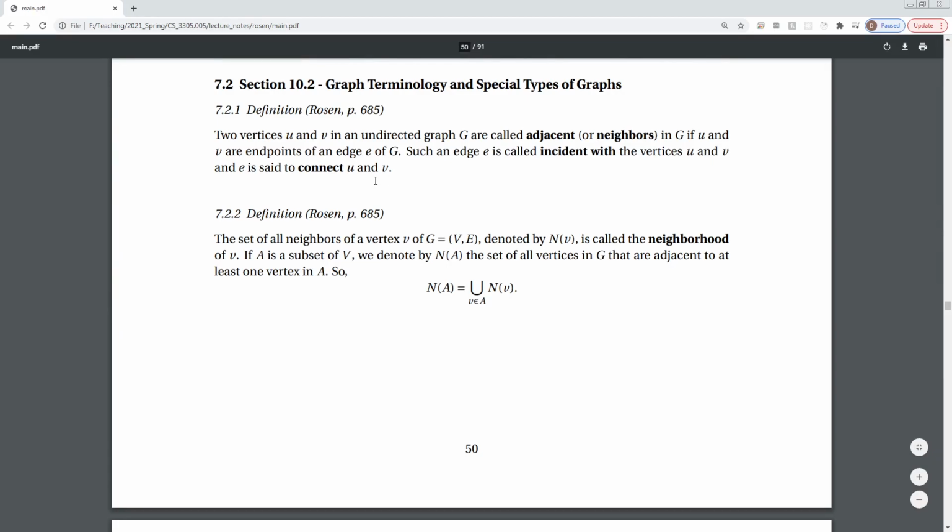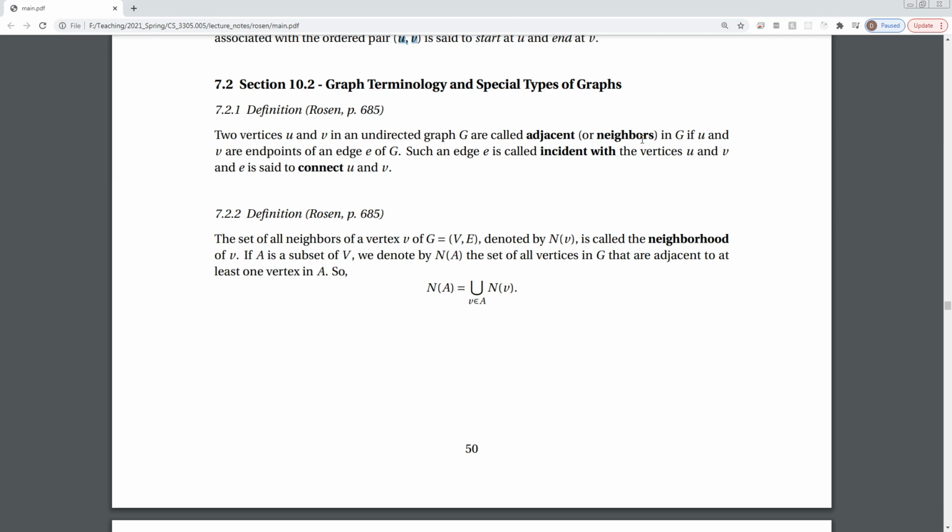Okay, next definition. So two vertices, U and V, in an undirected graph G are called adjacent or neighbors, and you've heard me mention adjacency matrices, and it comes from this, where you're just indicating that there's a connection. So the vertices in an undirected graph are called adjacent or neighbors if U and V are endpoints of an edge in G. And it's undirected, so it doesn't matter.